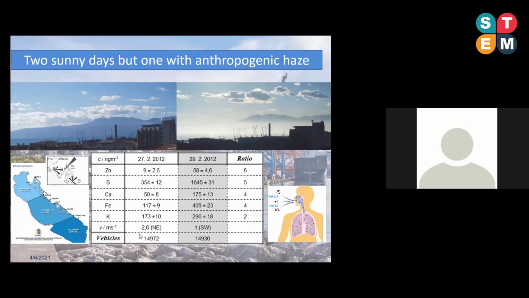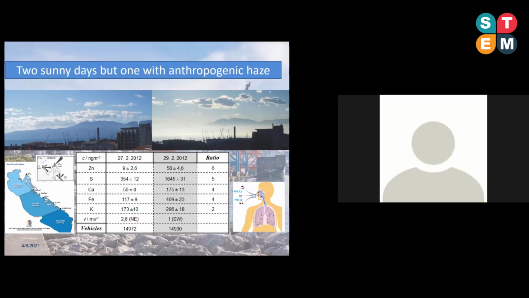The number of vehicles were similar, but wind speed was completely different. Northeast Bura cleaned the polluted air. The citizens of Rijeka called the Institute for Public Health, and they complained about chest pressure, difficulty in breathing, and being moody.